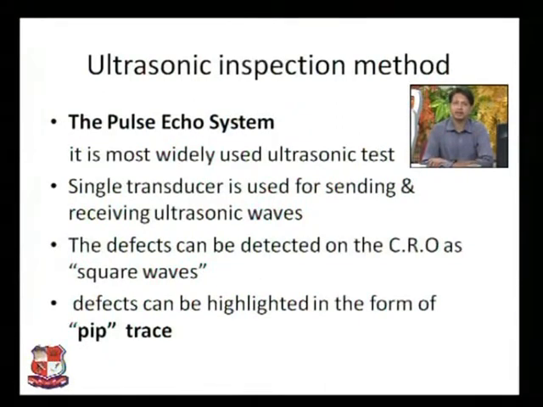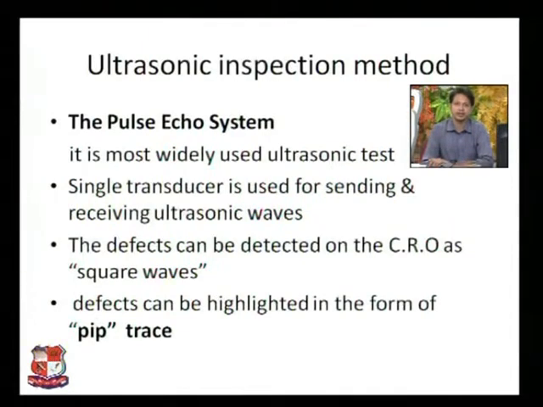We can use that transducer again as a receiver which receives the ultrasonic waves and converts them into an electronic signal, which is amplified and sent to the CRO. In that CRO, we observe the waveform and we can trace the defect inside it.